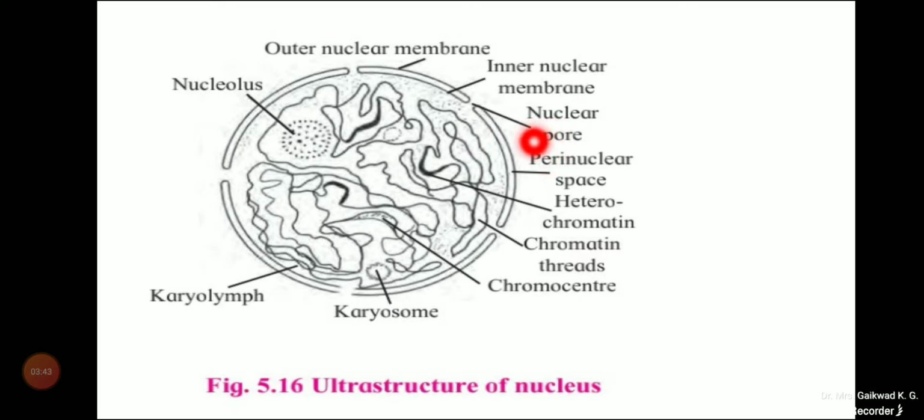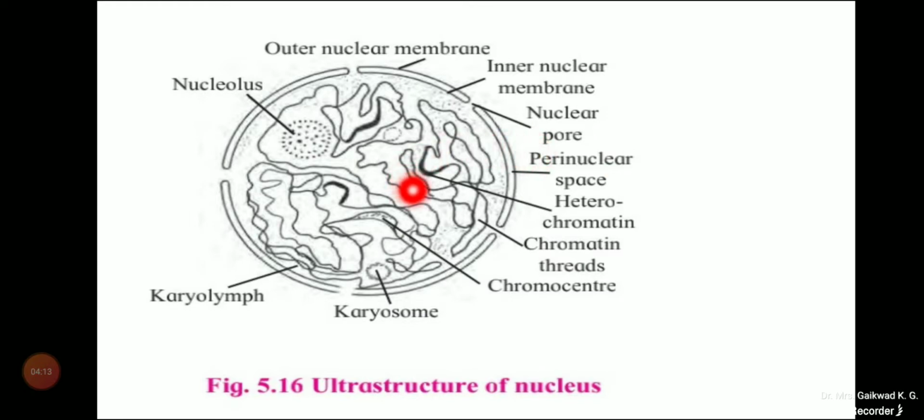Nucleopores are guarded by pore complexes, which regulate the flow of substances from the nucleus to the cytoplasm and from the cytoplasm to the nucleus. So these nuclear pores help in regulating the flow of substances inside to outside and vice versa.